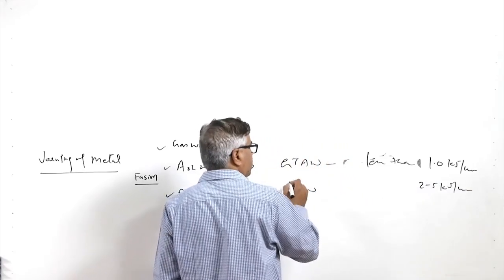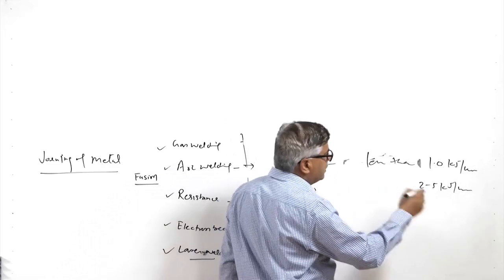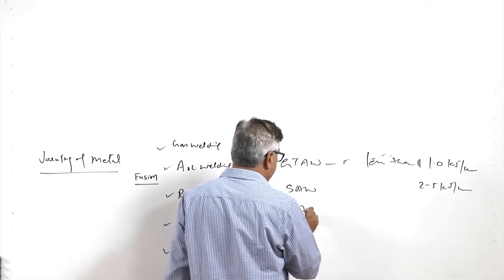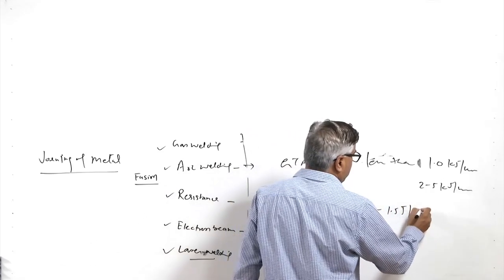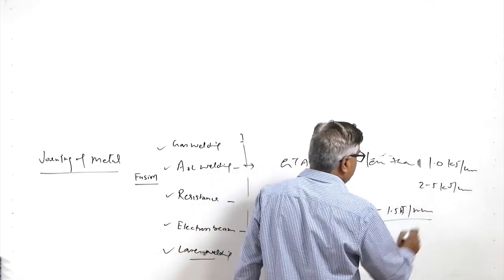Depending upon the process, for GMAW it may be in between, and for PAW it is like 1 to 1.5 kilojoule per mm.